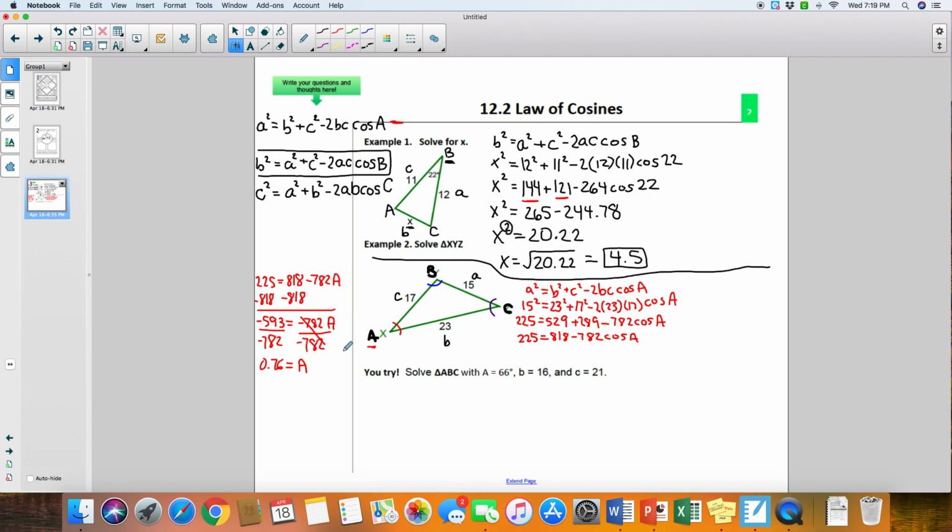The only difference between what we've done here and what's over here is that A really and truly represents cosine of A. So the steps would be the exact same.